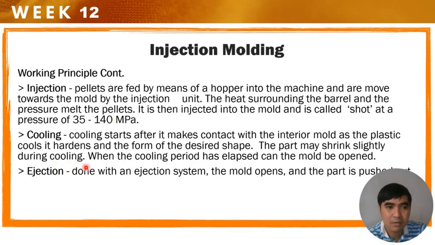Cooling starts after it fills the interior of the mold. As the plastic cools, it hardens in the desired shape. So there should be a cooling process. Ejection is done with the ejection system, meaning it will release the hardened plastics.